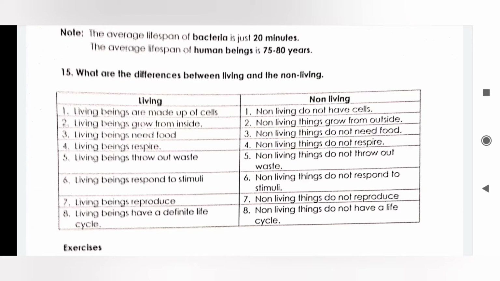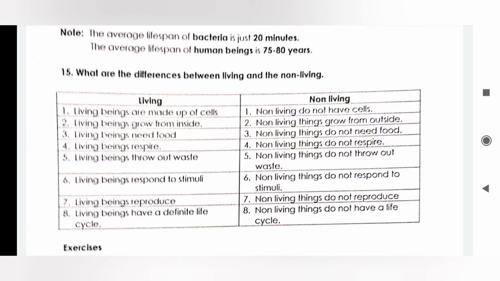Third point, living beings need food. Yes, without food and water, living things or living organisms cannot survive, cannot live. But non-living things do not need food. Fourth point, living beings respire. What do you mean by respire?